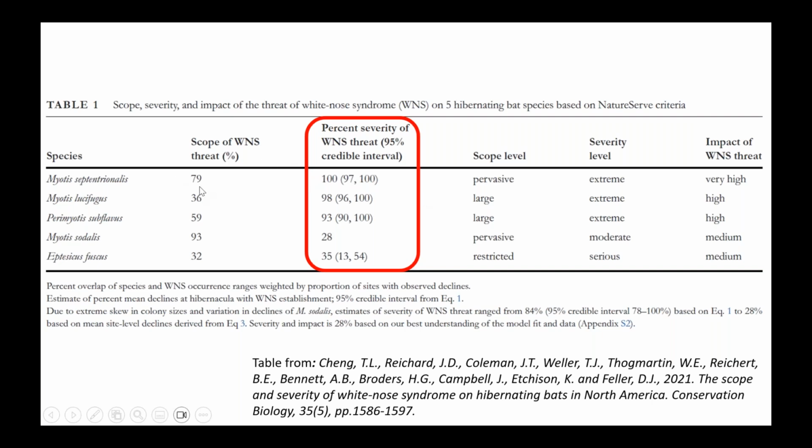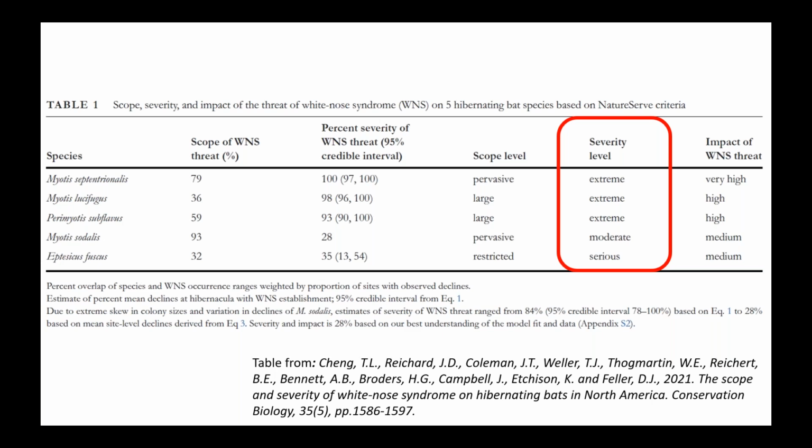So put these two things together, 79% of the range of a species, 97 to 100% mortality. This is a pretty bad situation. Similar story for the little brown bat, 96 to 100%. 90 to 100% for the tricolored, and then lower mortality rates for the Indiana and the big brown bat.